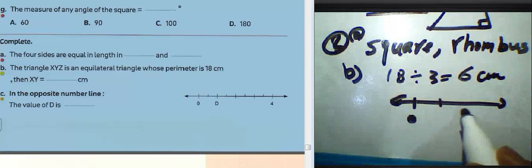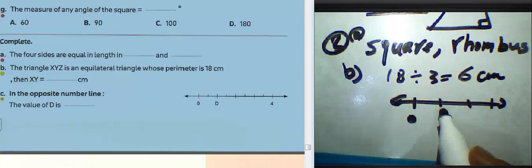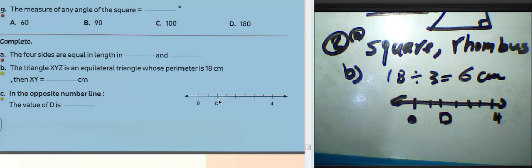Look with me here, it was D here, and how many parts here to go? 0, 1, 2, 3, 4.